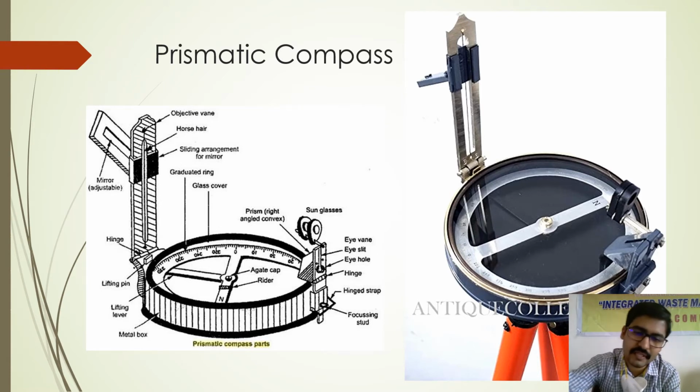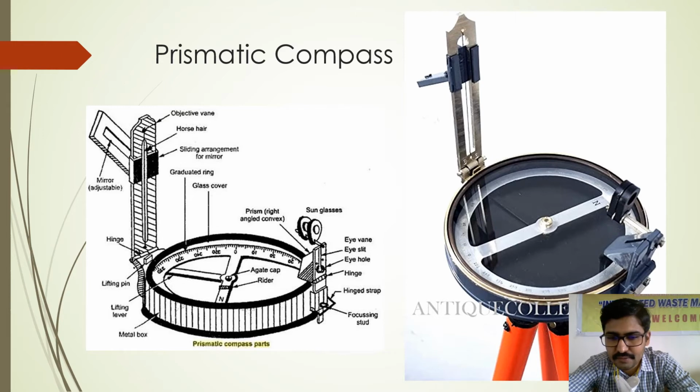So this is about the eye vein, right? The eye vein can be easily lifted up or down so that it can suit your eyesight. People have different eyesight, so depending upon your eyesight you can raise it up or down so that you can see the image clearly.